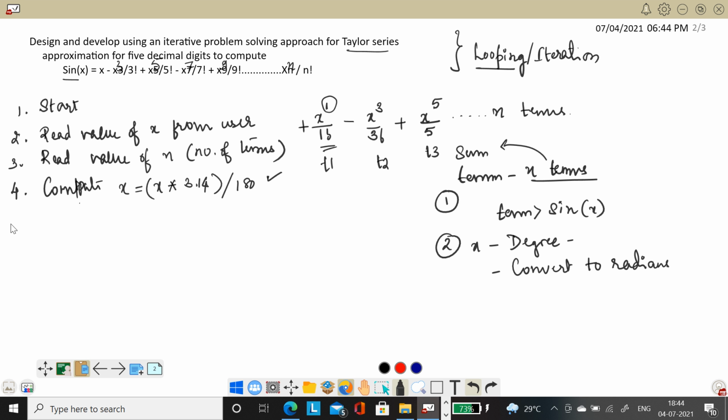Next I will do a few initializations. The first term is always x, so sum is equal to x, and the first term t is also equal to x.